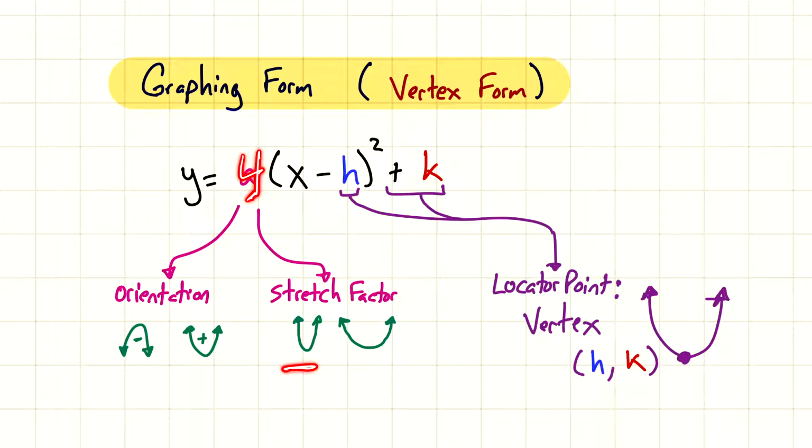So it's going to look skinny. If I go smaller, maybe 1/4 instead, then that's a fraction. It's going to look wider. So the number in front, this A value, will give you an idea of the shape of your parabola. Is it going to look skinny? Is it going to look wide? And that's based on the stretch factor.